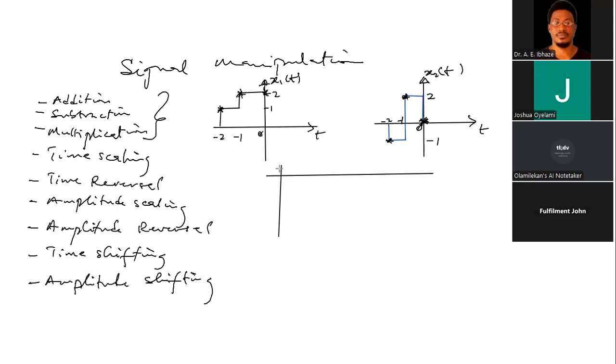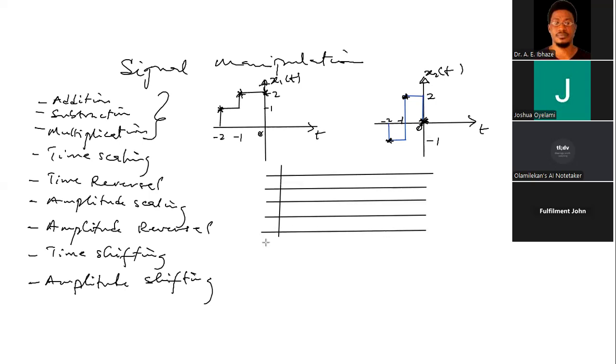So we have our time axis here, then we have S1, S2, then we are performing addition, subtraction, and then multiplication here. Okay. So I have -2, -1, 0.